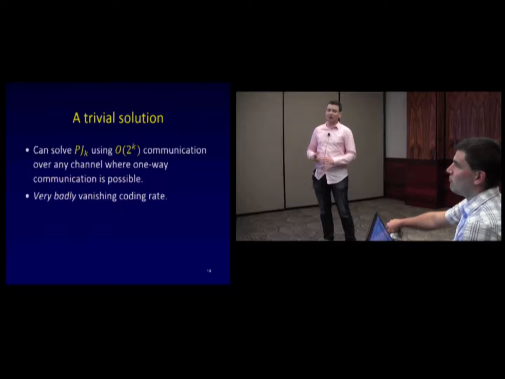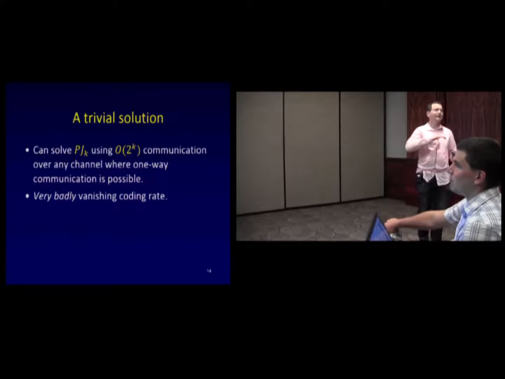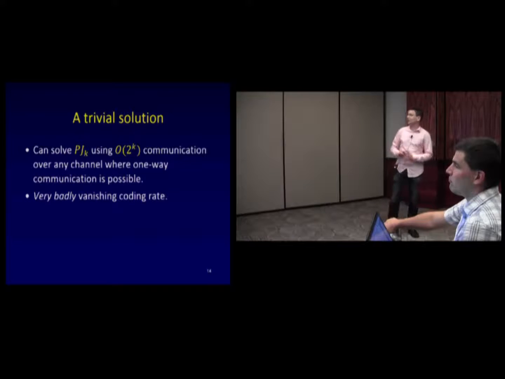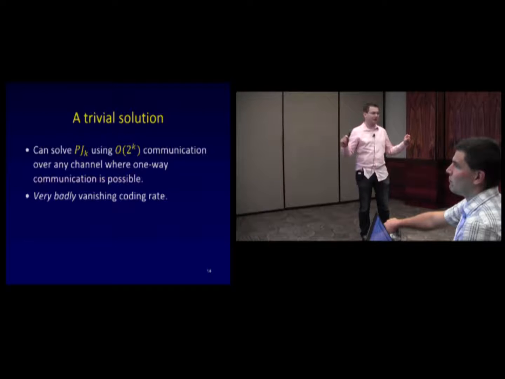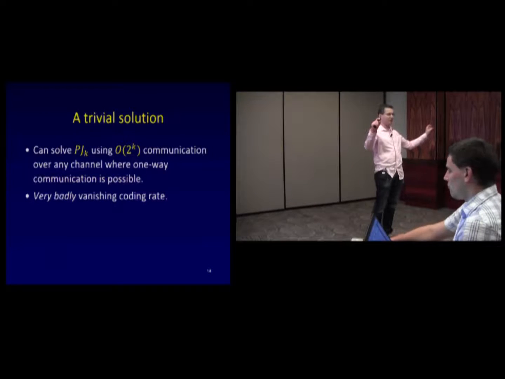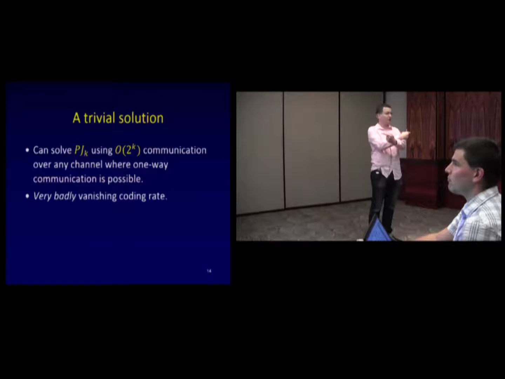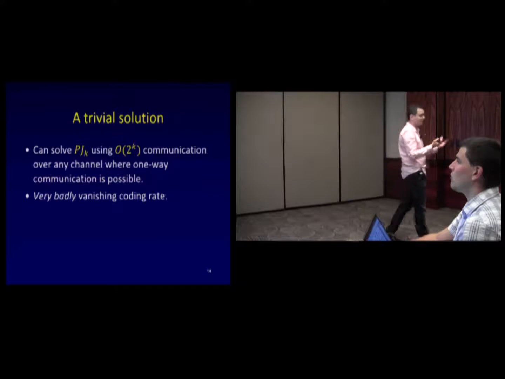Here is a trivial solution. You can always solve it with 2 to the k communication by flattening the communication tree. Alice can summarize her entire input with 2 to the k bits. Bob can do the same, and then they can just exchange those messages, wrapped with a normal error correcting code.